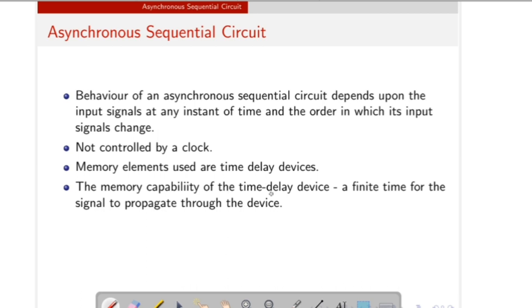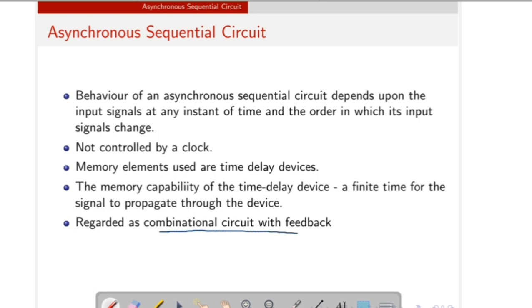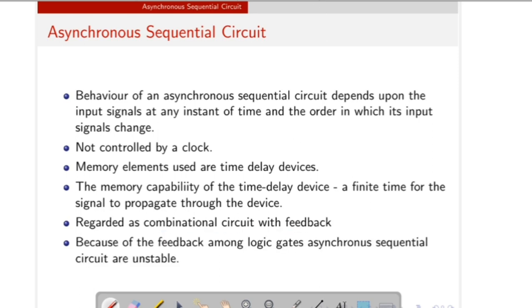So these time delay devices are used as the memory elements in the asynchronous sequential circuit, and it is regarded as a combinational circuit with feedback. Because of this feedback among the logic gates, asynchronous sequential circuits are sometimes unstable. So that's the asynchronous sequential circuits.